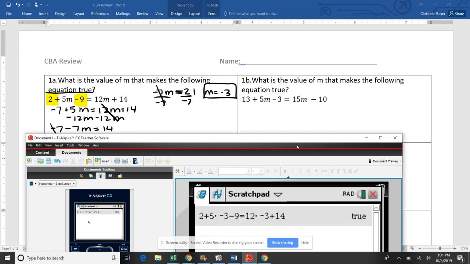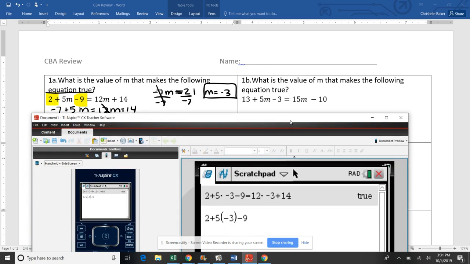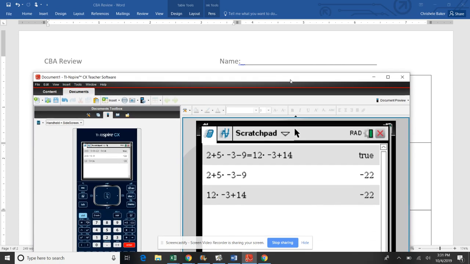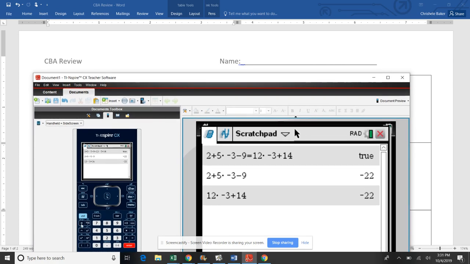And it says true. Another way to do this is to put both of the sides of my equation in separately, and see that they are both equal. The equal sign is right here when I'm typing, right under control.